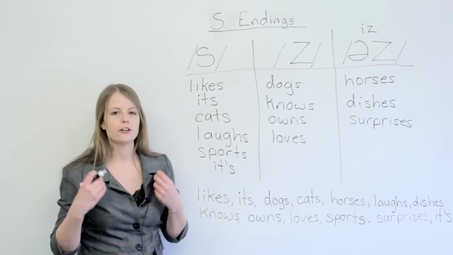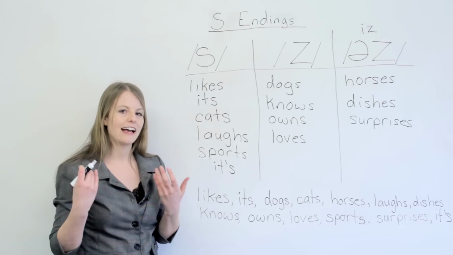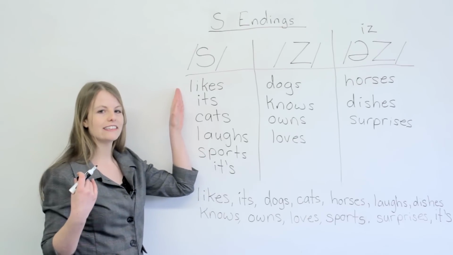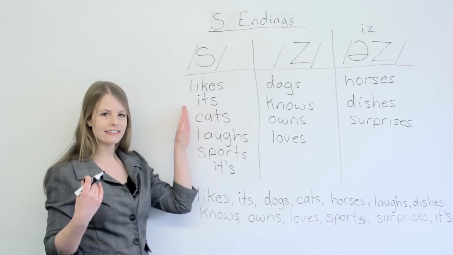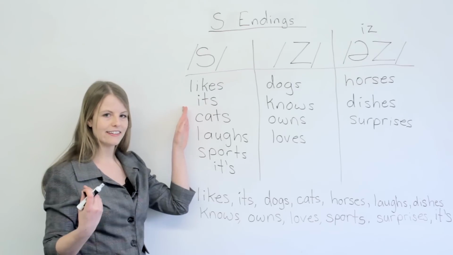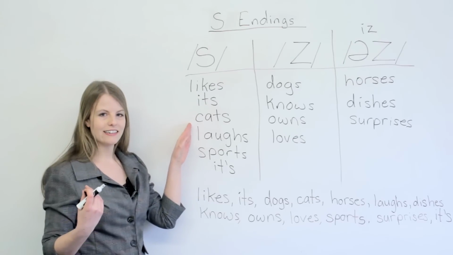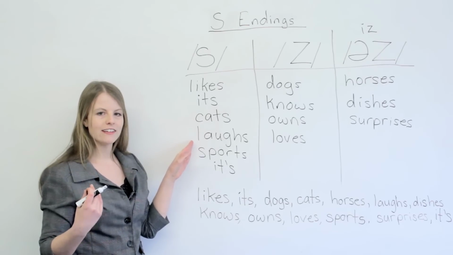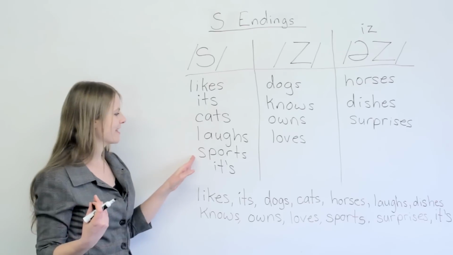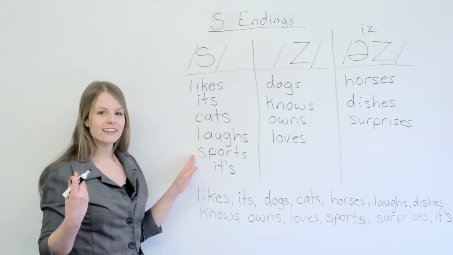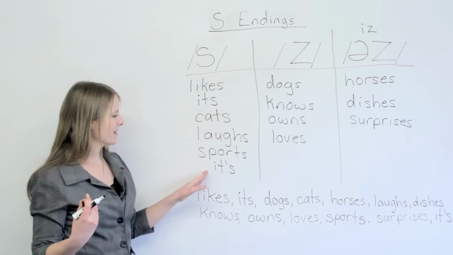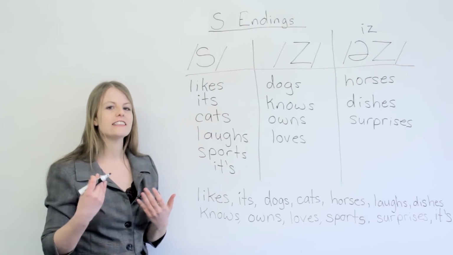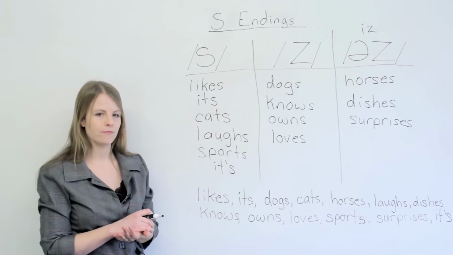And listen again for what I say, if it sounds like an S or a Z. Likes, its, cats, laughs, sports, its. So again, you hear a S at the end of each of those.